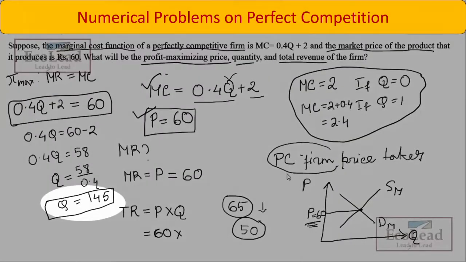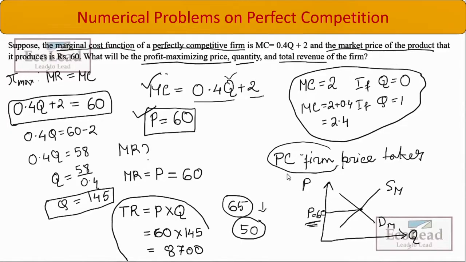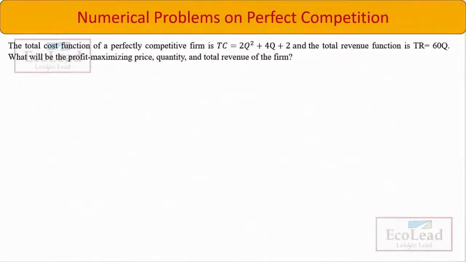We already identified, that is nothing but 145. So if we multiply, we get the value 8700. So this will be the solution of the third question, that the total revenue of the firm will be 8700 rupees.